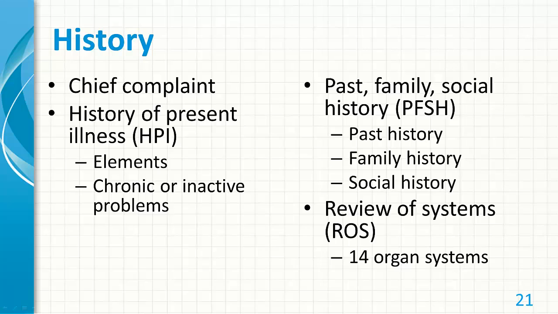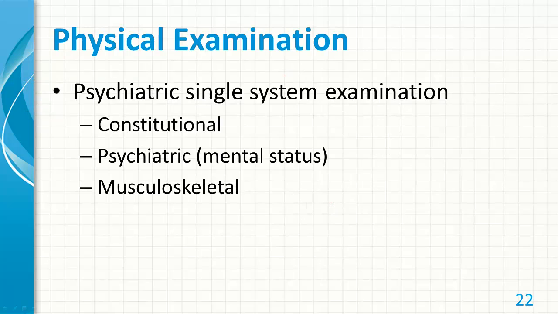History is divided into four elements: chief complaint, history of present illness, past, family, and social history, and review of systems. Except for chief complaint, the elements also have elements. There are actually 12 different kinds of physical examinations, any one of which may be used to meet the requirement for examination.